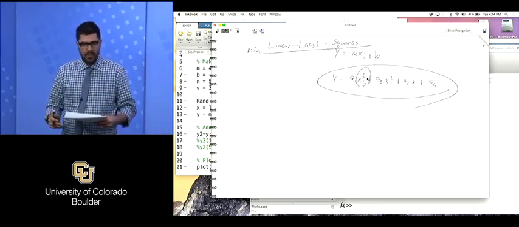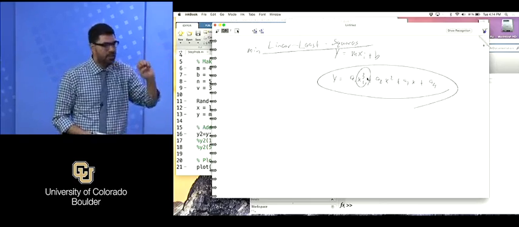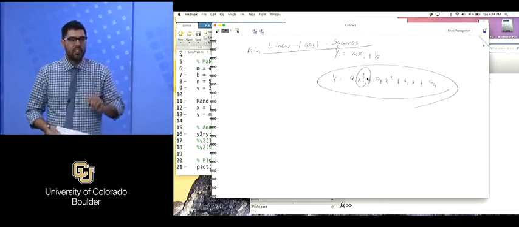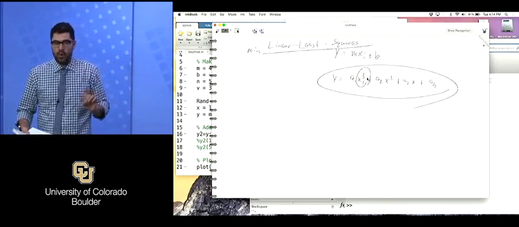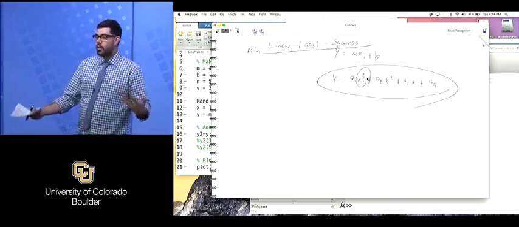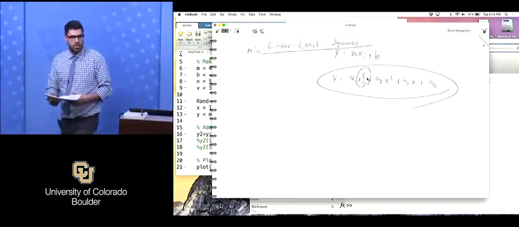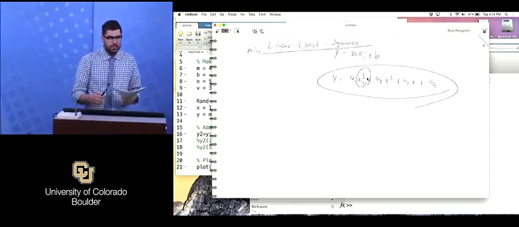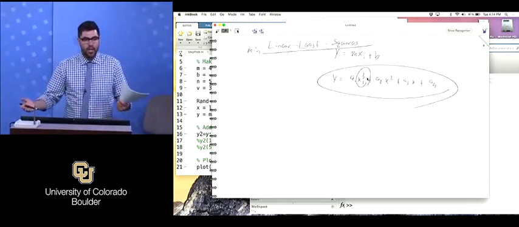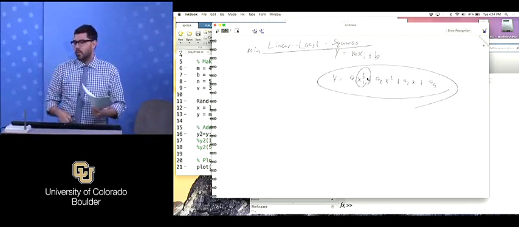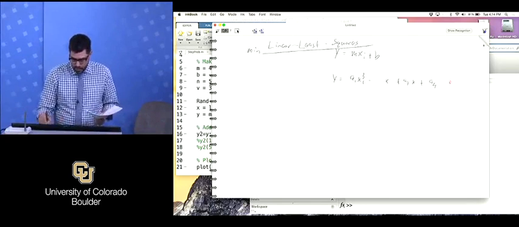Just because the polynomial is higher order, the coefficients are linear. So both of these are linear least squares. If my coefficients become nonlinear, then it becomes nonlinear least squares. Even though the polynomial I'm fitting is nonlinear, the variables are linear.